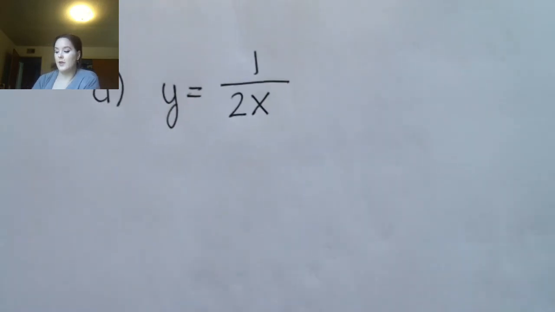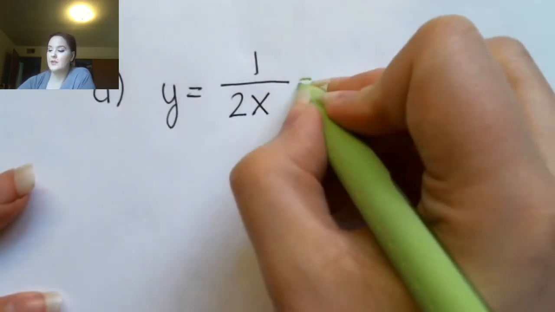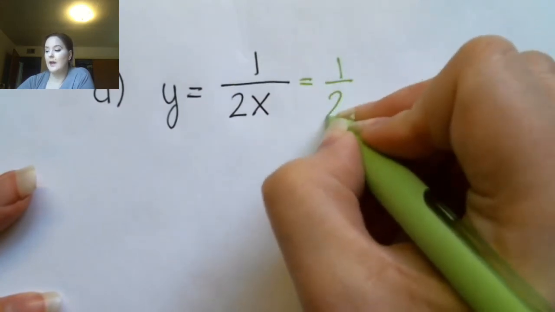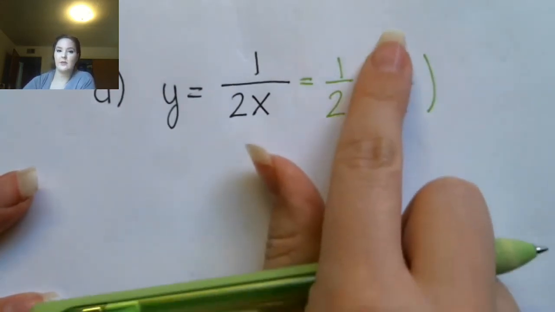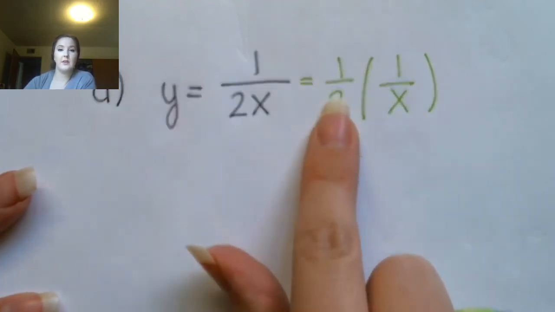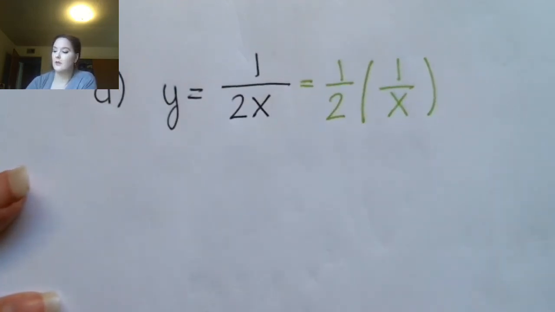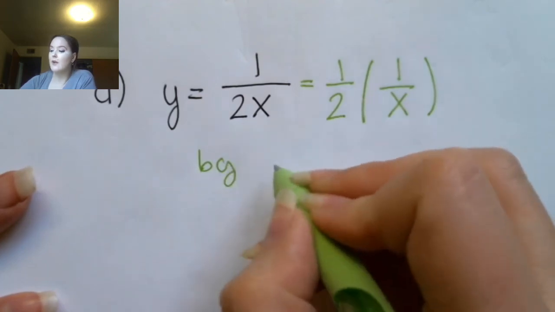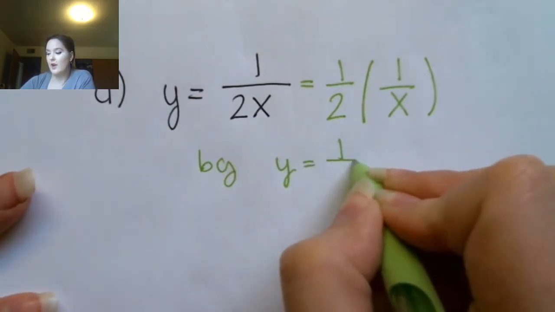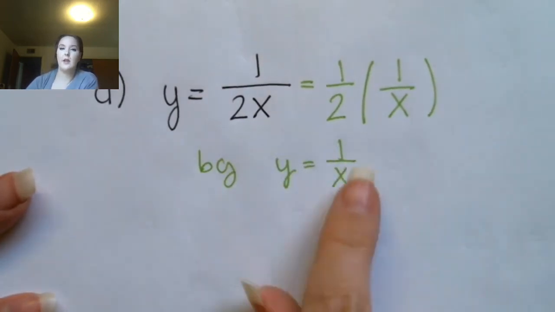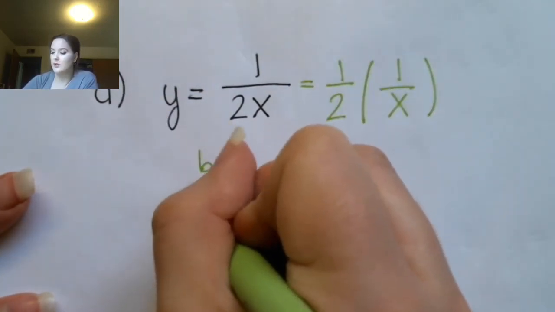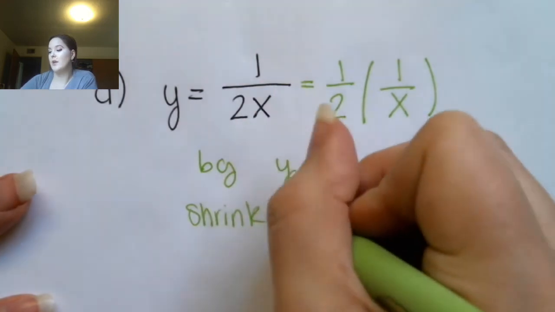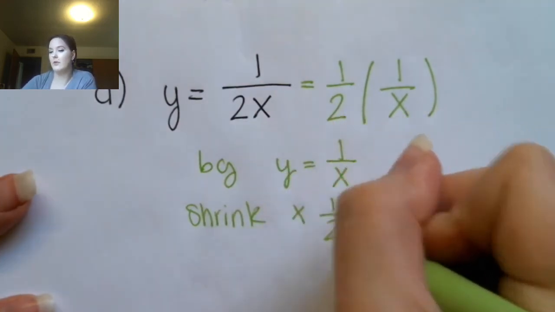Again, I want you to think about this as 1/2 times 1 over x. Here's our base graph part, here's our number times that. So my base graph is going to be y equals 1 over x, and my transformation is going to be the 1/2, so it's going to be a shrink, times 1/2.